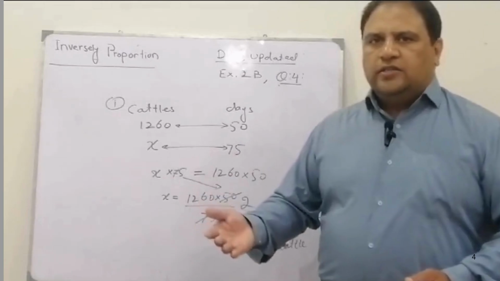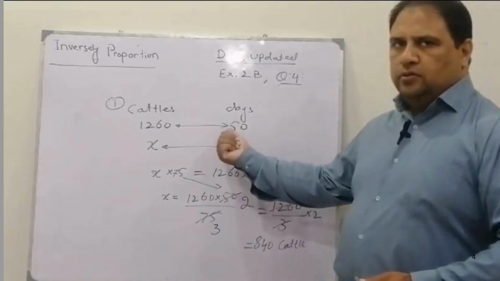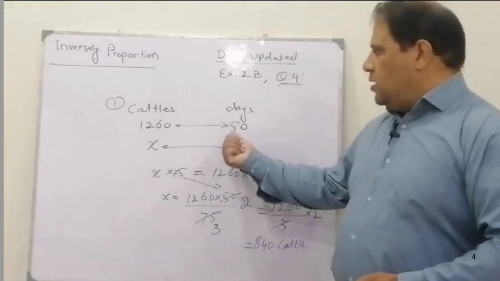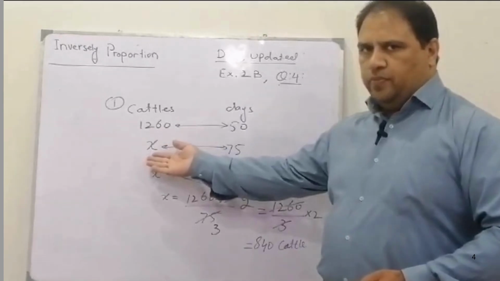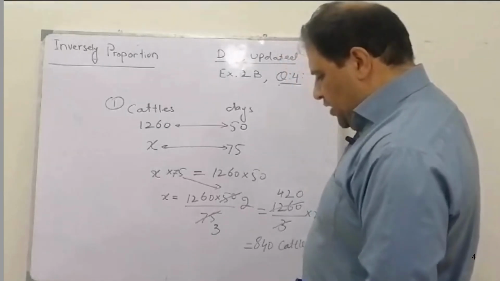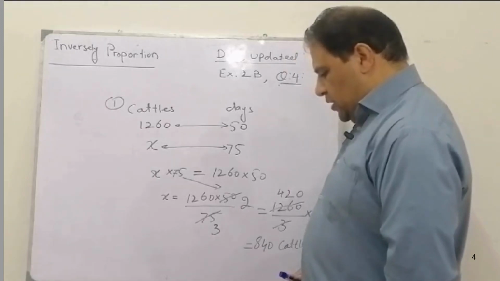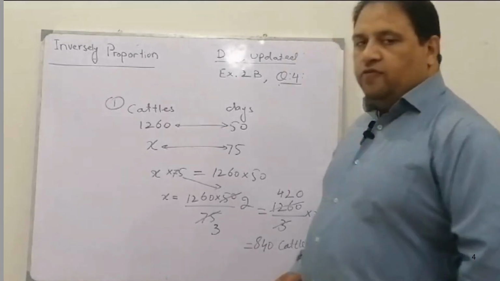In the second situation, the days are missing and cattle are given. Let's read the second part of the question: find the number of days an equal consignment of fodder can last if it is used to feed 1575 cattle.